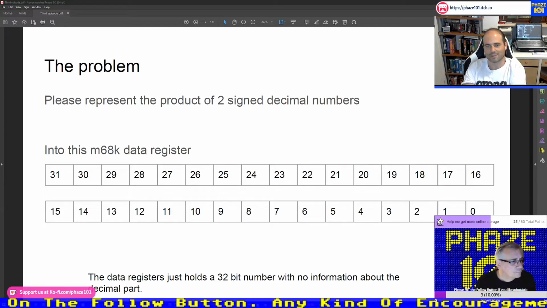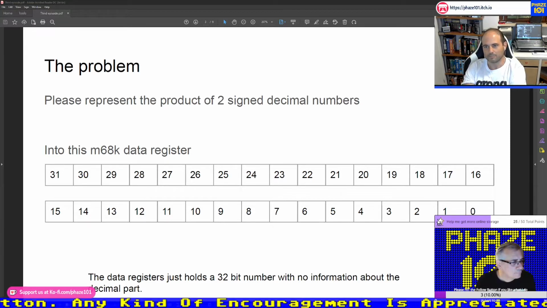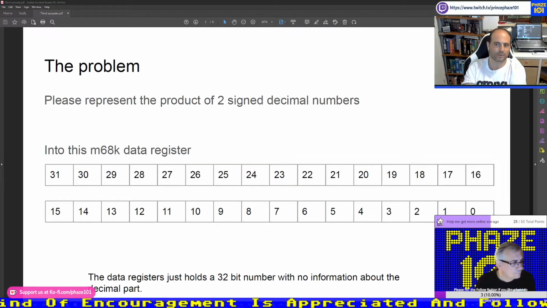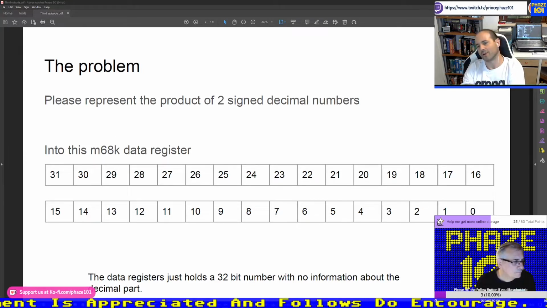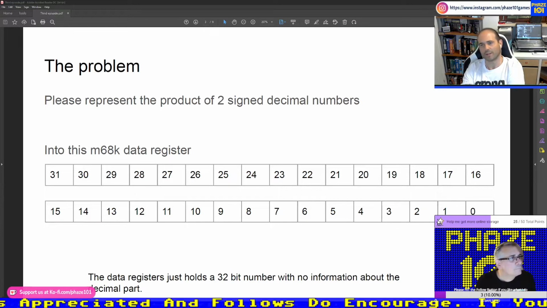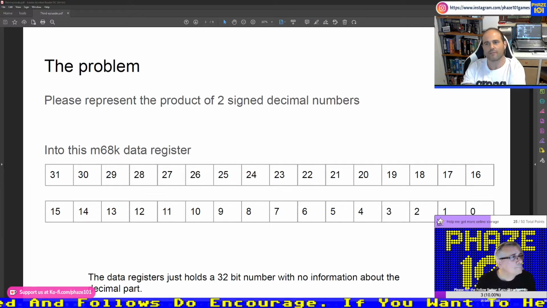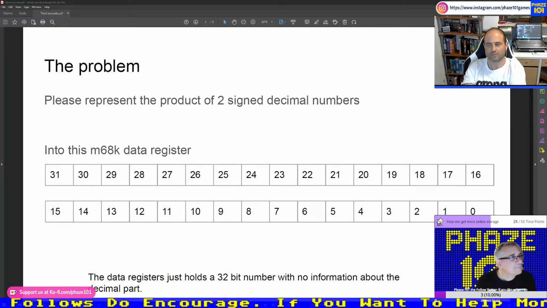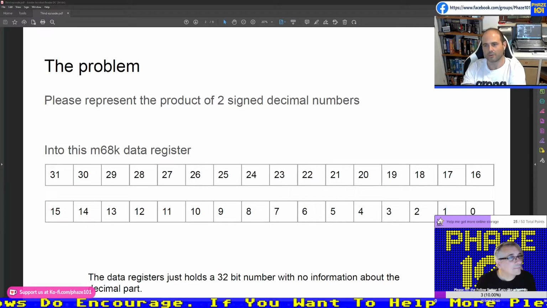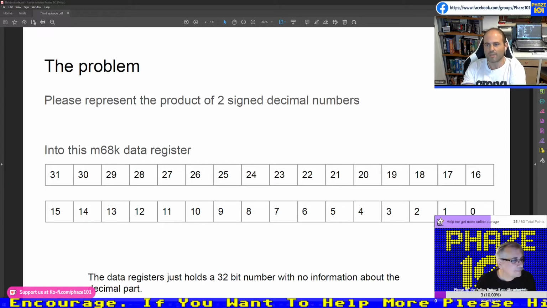As you can see, it's just 32 bits and nothing that could lead you to think, okay, I have to store a decimal part here or the integer part here. It's just data. All you have is this 4-byte raw data, and that's it.